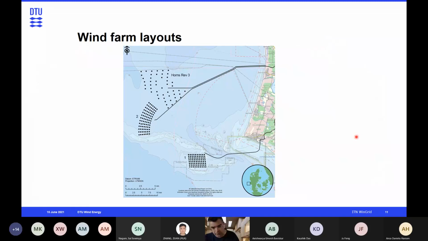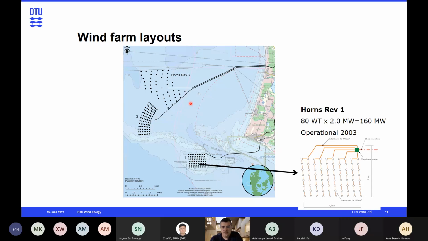Now, I will get back to the transmission part, but before that, if we look at the wind farm layouts, here is an example with the three offshore wind farms in the Hornsrev area. The very first one that I showed was built almost 20 years ago, and then Hornsrev 2 and 3. The first one had a very nice grid-based design of the wind turbines, very symmetrical.